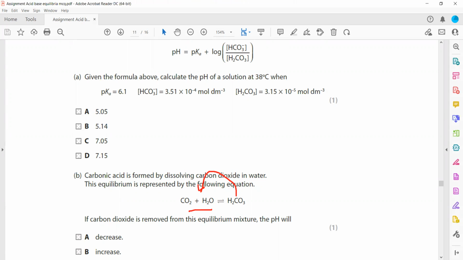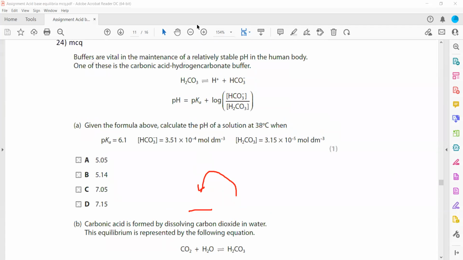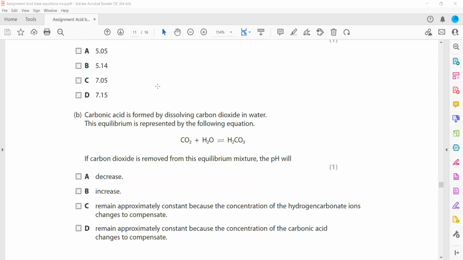Because these H2CO3 molecules are responsible for giving protons, if the amount of H2CO3 decreases, the hydrogen ion concentration will decrease. If the hydrogen ion concentration decreases, what happens to the pH?